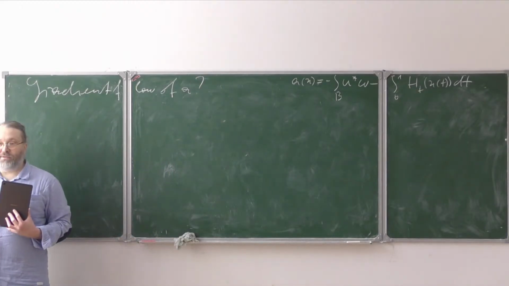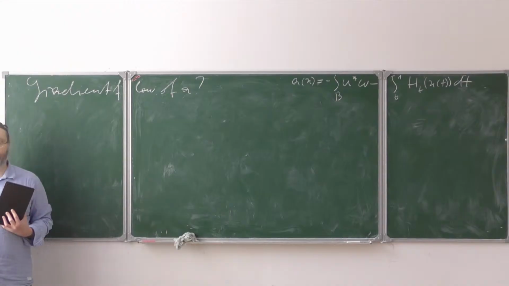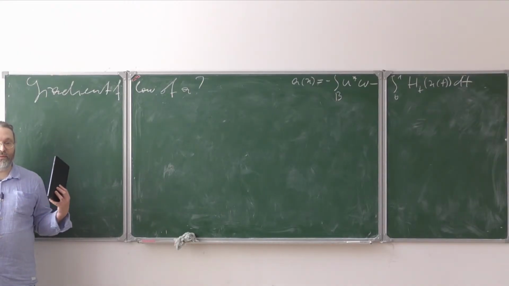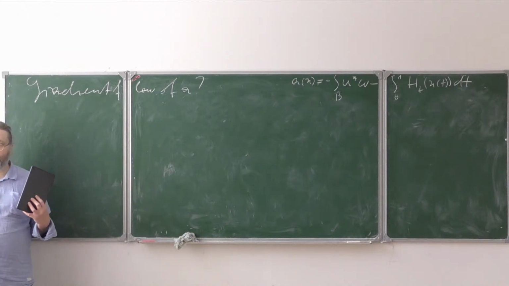Basically, we want to construct a kind of Morse theory for the function A on L naught.